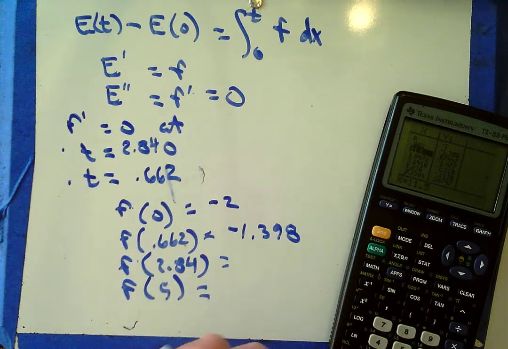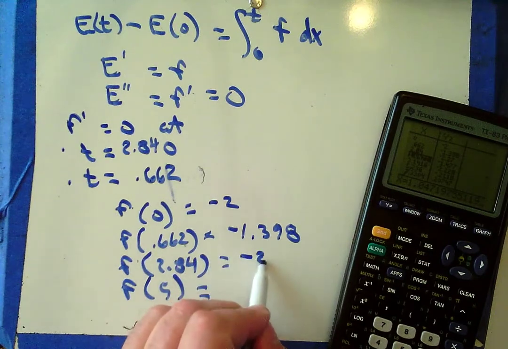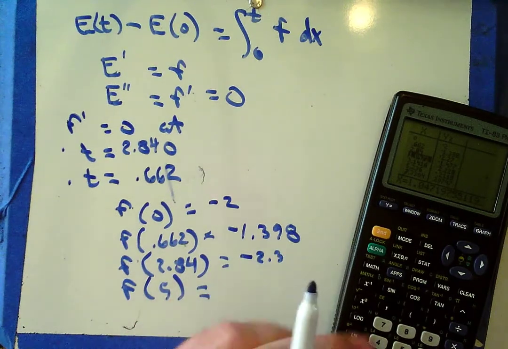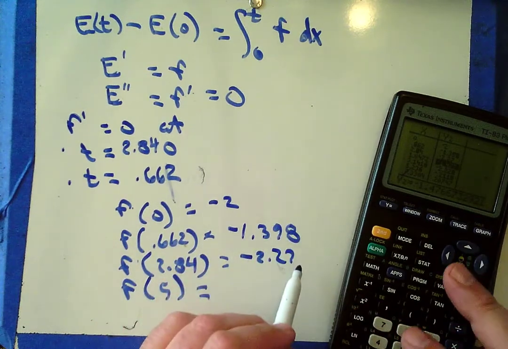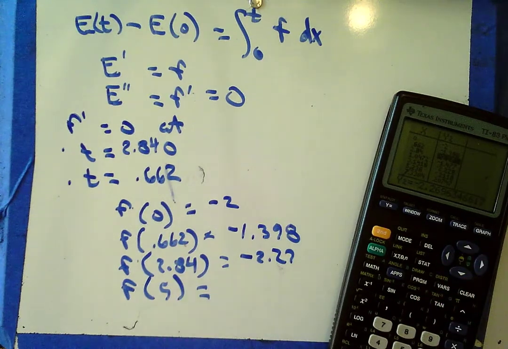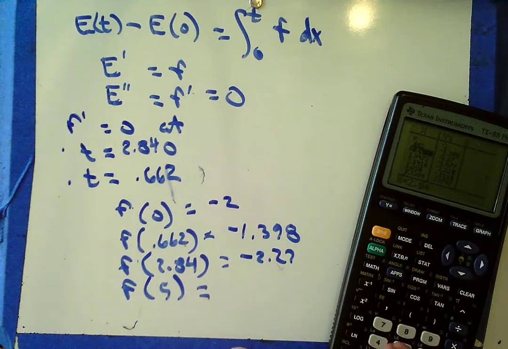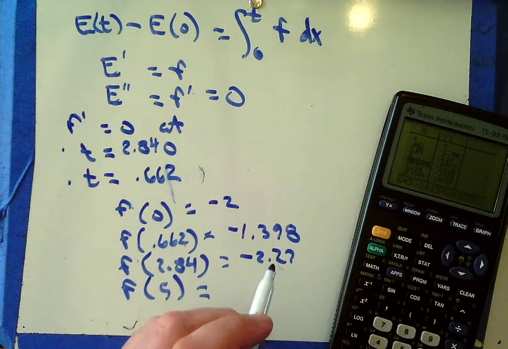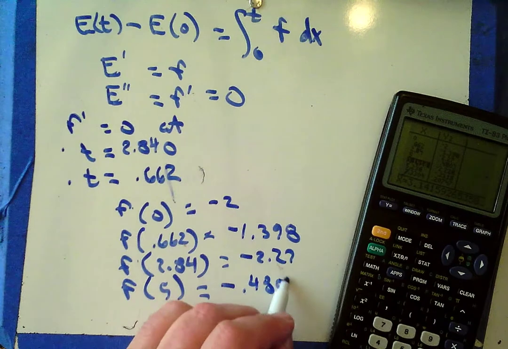Huh. And I type in 2.84, and I get negative 2.27. And I type in a 5, and I get negative 0.4803.